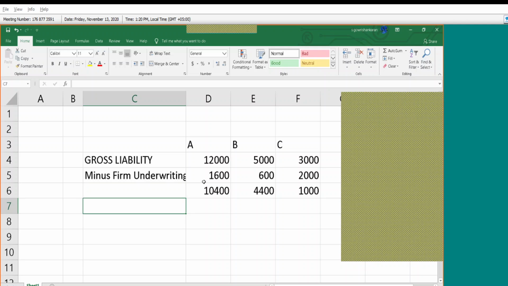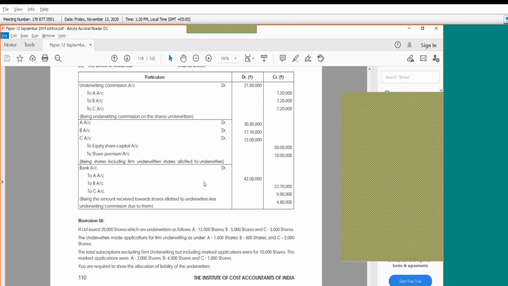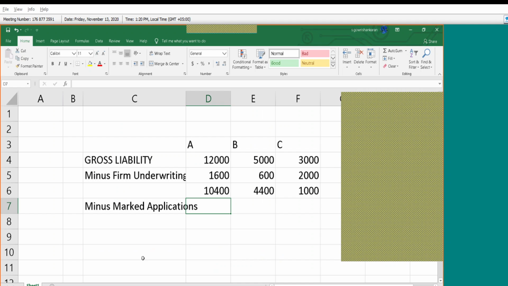Then again minus marked application. Marked application is directly available in the question below: A 2,000, B 4,000, C 1,000.